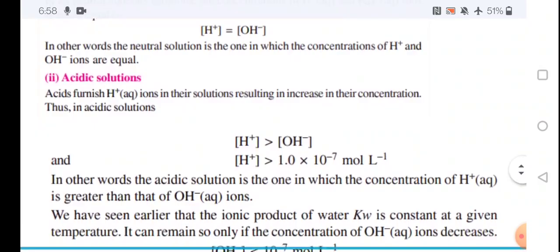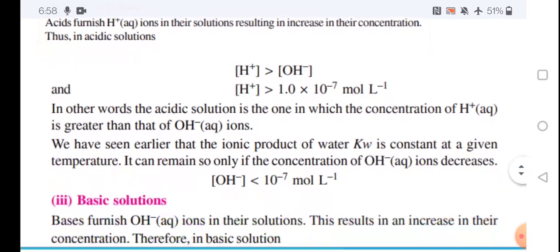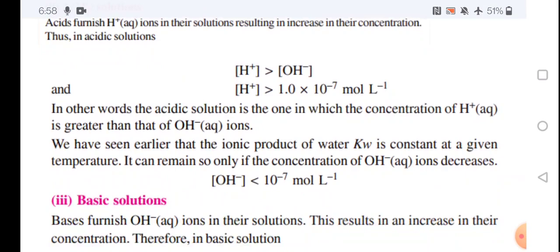In other words, an acidic solution is one in which the concentration of H plus is greater than the concentration of OH negative ions. We have seen earlier that the ionic product of water, Kw, is constant at a given temperature. So it can remain constant if and only if the concentration of the other ion decreases.